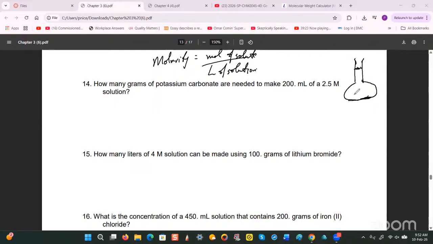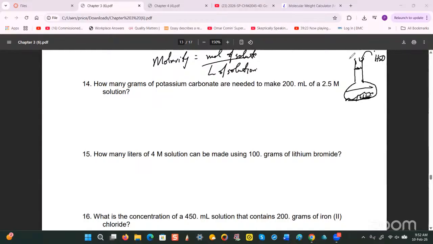So typically what is done is that you add your solute to your flask, and then you add your solvent, let's say water, to about here, right? And then you stopper it, shake it up to make sure it dissolves, and then you continue to add water dropwise until the meniscus gets up to that mark, and then you shake it up again just to make sure that the solution is homogeneous, and then that's it. That's how you make up your solution.